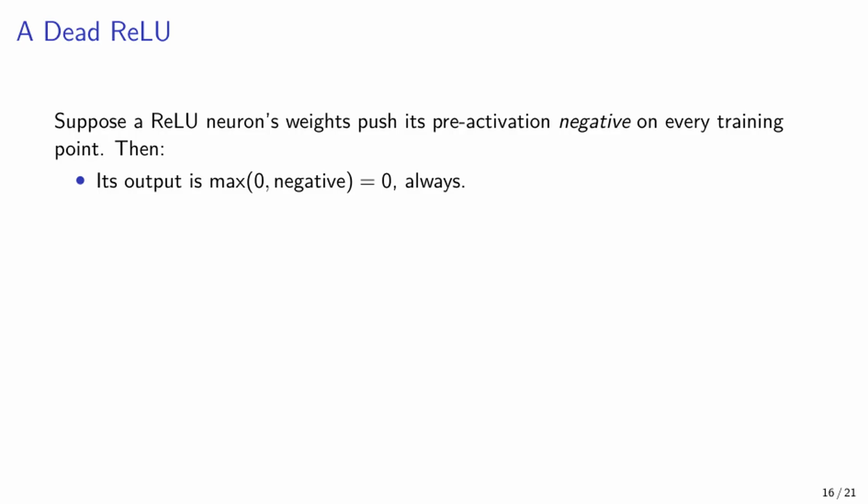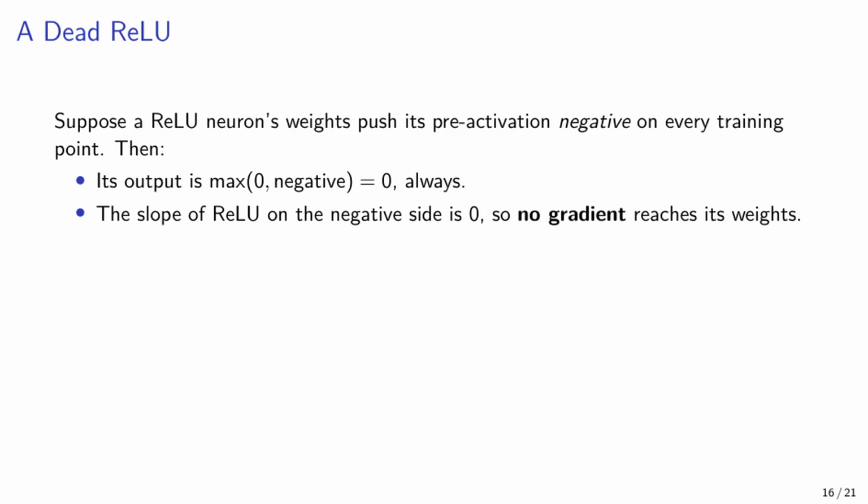Here is the dead neuron in slow motion. Suppose a ReLU neuron's weights push its pre-activation negative on every single training point. Its output is then the maximum of 0 and the negative number, which is 0 every time. On the negative side, the slope of ReLU is 0, so no gradient reaches its weights at all.